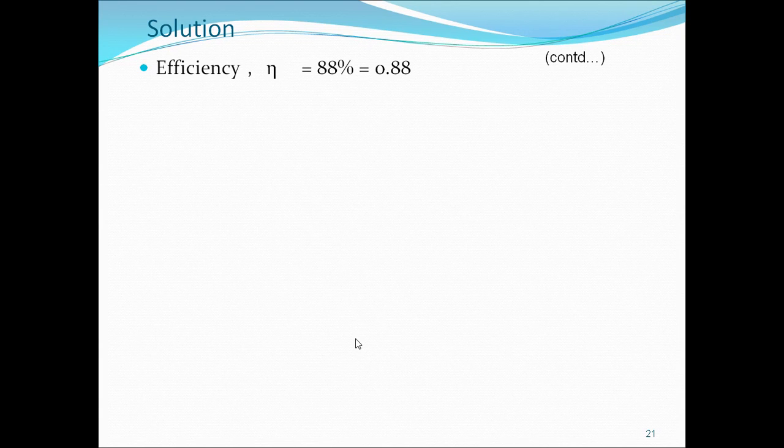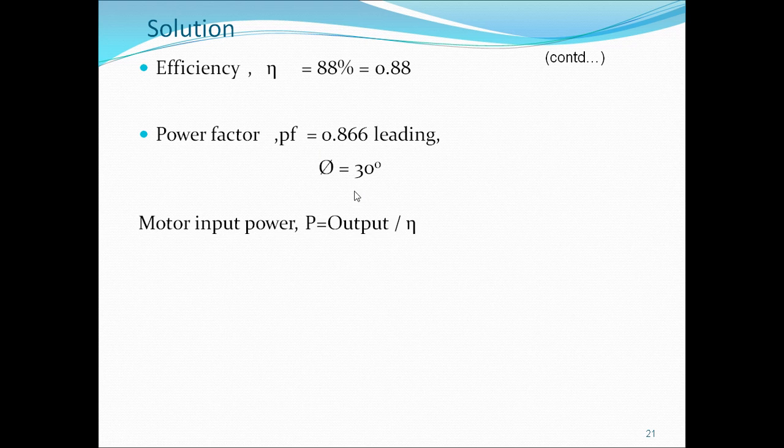and given efficiency eta is equal to 88 percent, that is 0.88, and the power factor is 0.866 leading, where phi is equal to cos inverse of 0.866, that is 30 degrees, and the motor input is equal to motor output by efficiency.